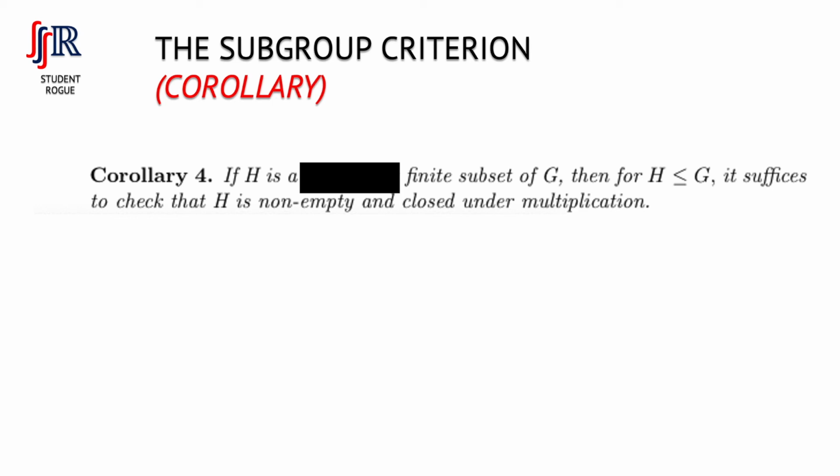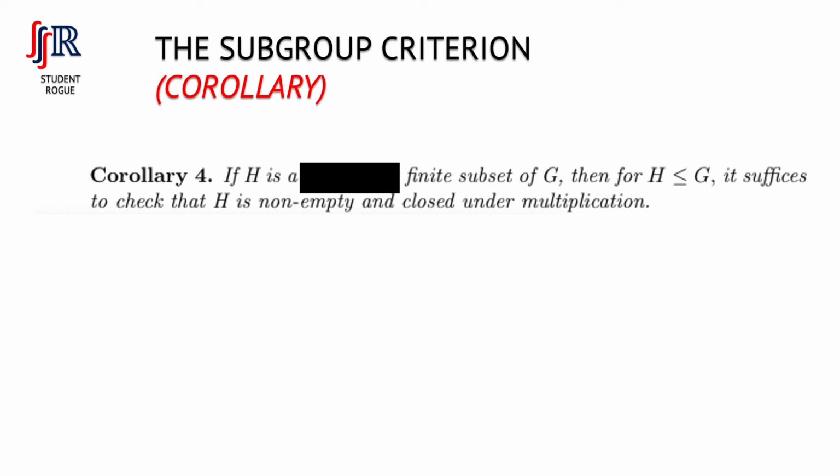Well, the corollary states that given H, which is a finite subset of G, then for H to be a subgroup of G, it suffices to only check that, first of all, H is not empty, and second, H is closed under multiplication.